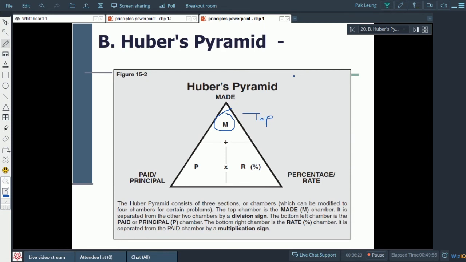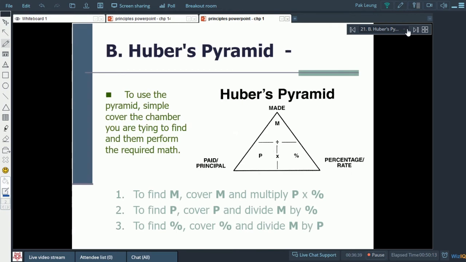So 10,000 divided by 10%, which is 0.1, the answer is 100,000. So that's my principal. Whatever you want to find out, cover it up, and the formula will be right there for you. Very simple, 很简单. I wish I learned that in high school.